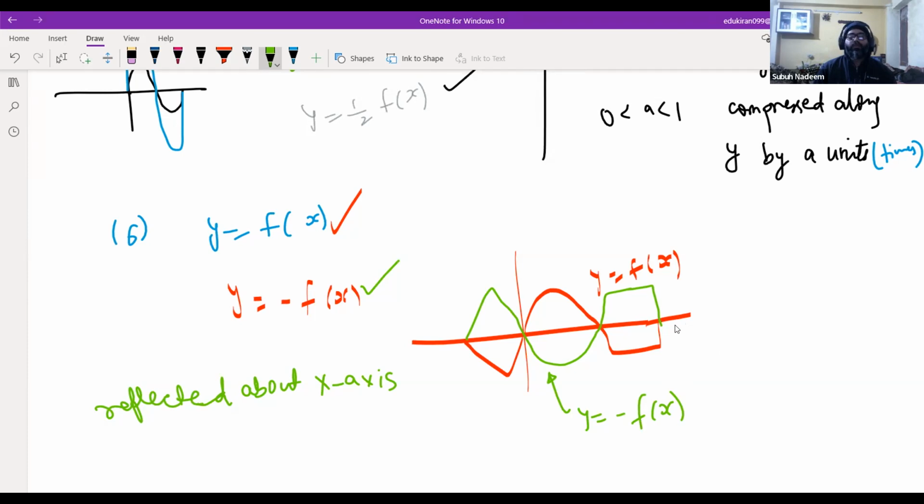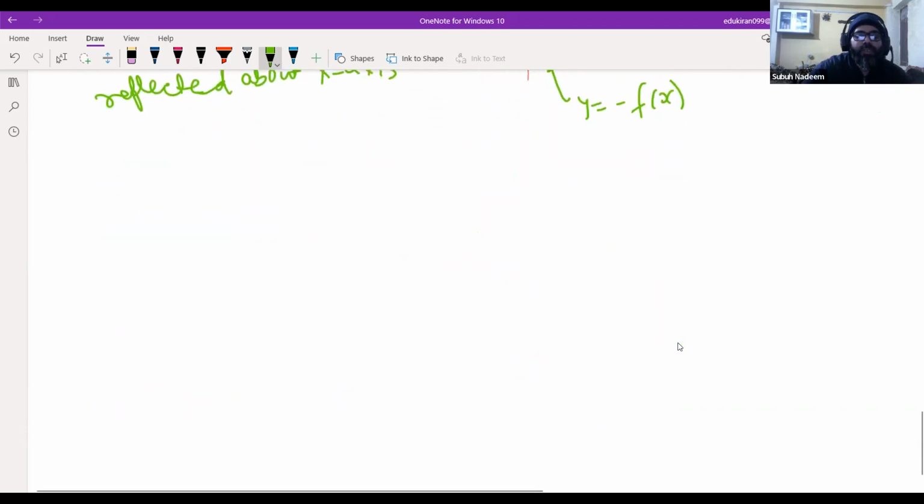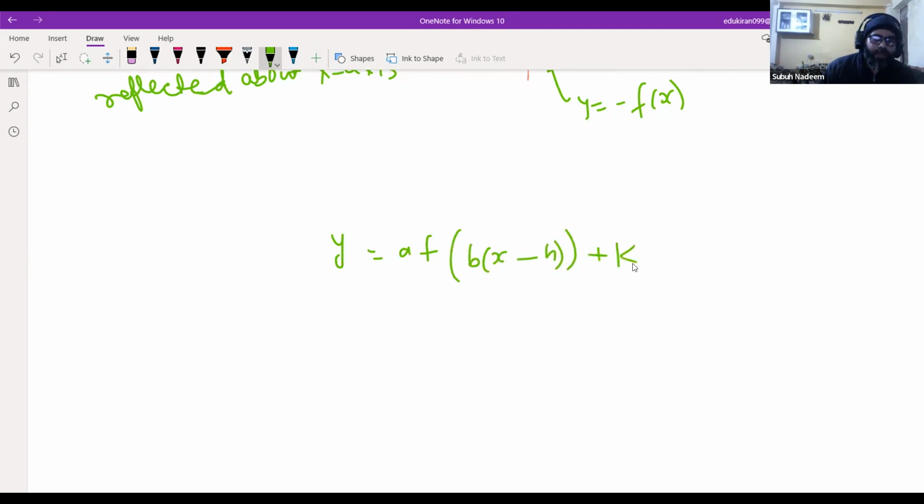Okay. Now let us see all the points that are given in the slide regarding this graph of y is equal to a f of b x minus h plus k. So first point says if a is less than 0, negative, then f of x is reflected in the x-axis.